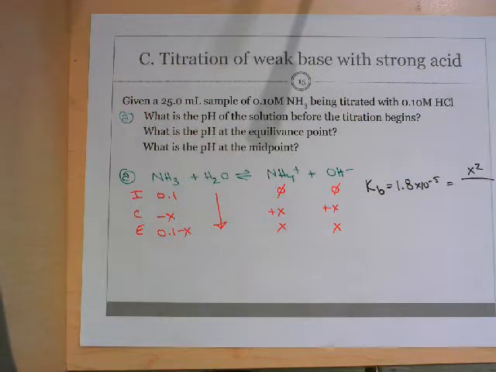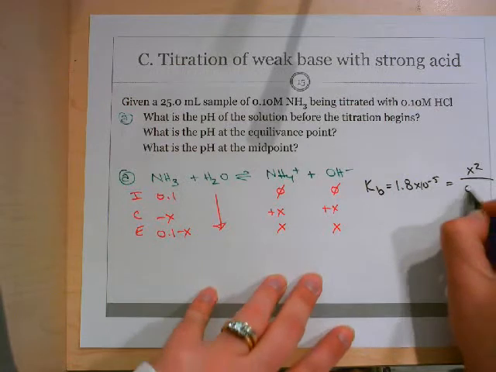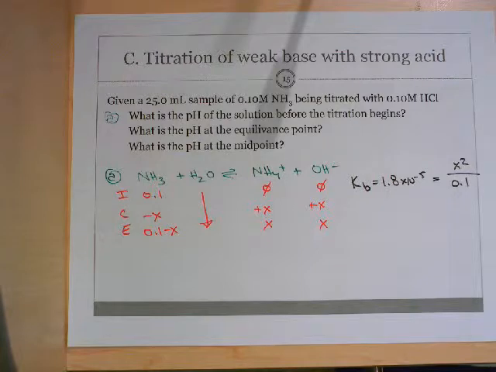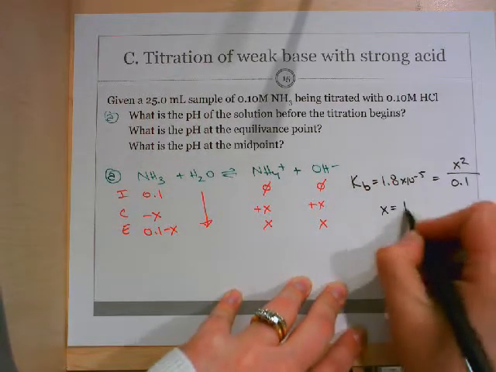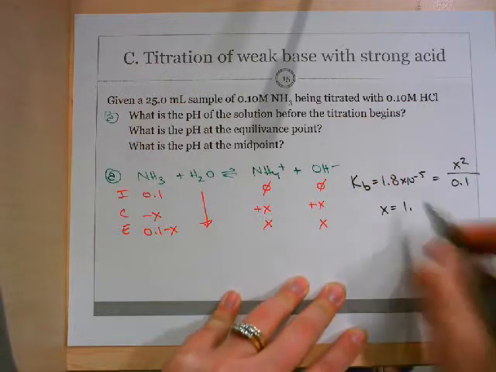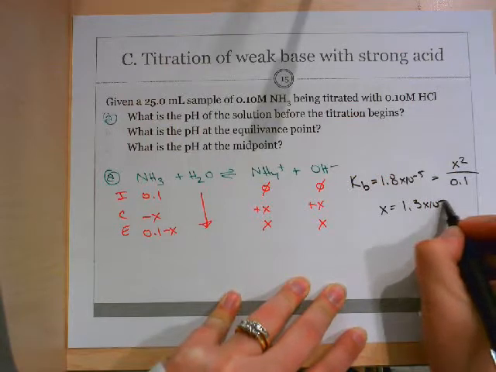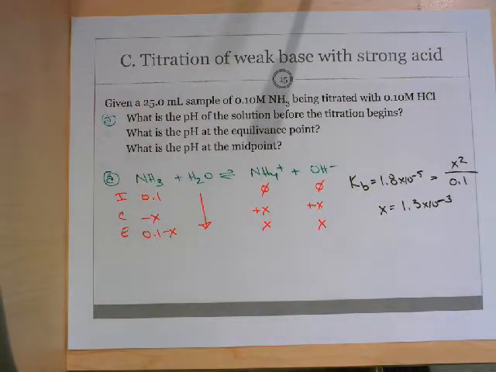X squared. What assumption can I make about this denominator to help us out? Right, the x is small. So I'm just going to put 0.1. That should be much faster to solve. The 5% rule.